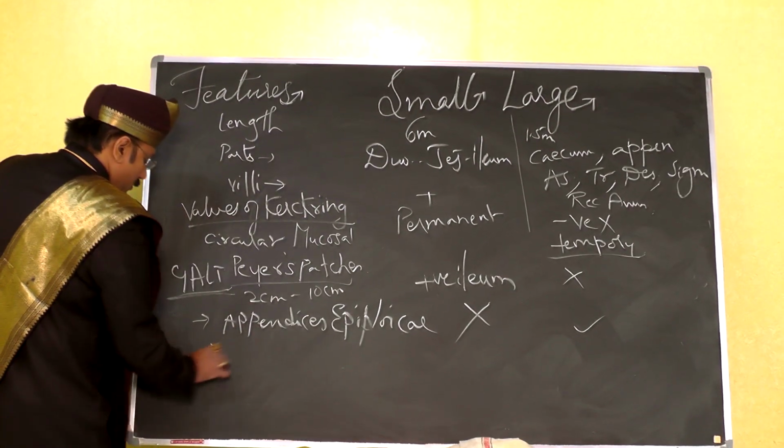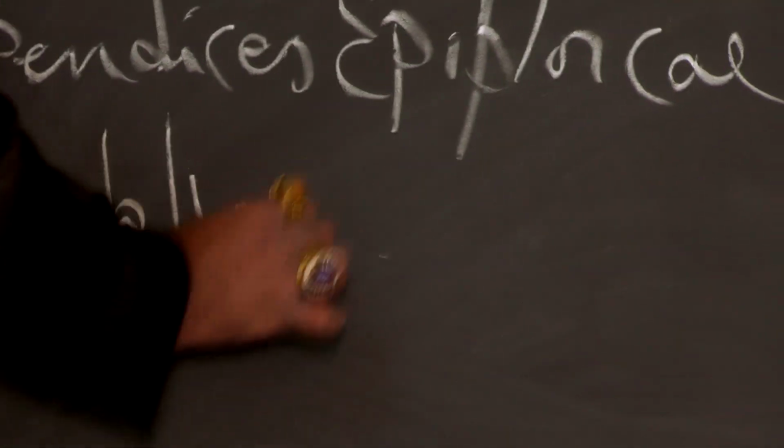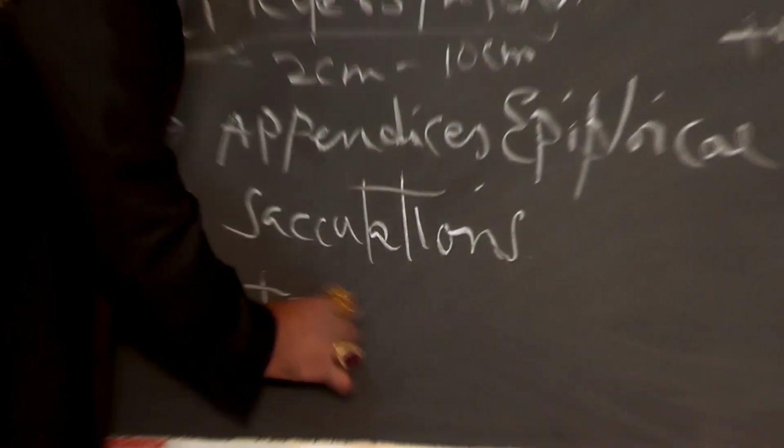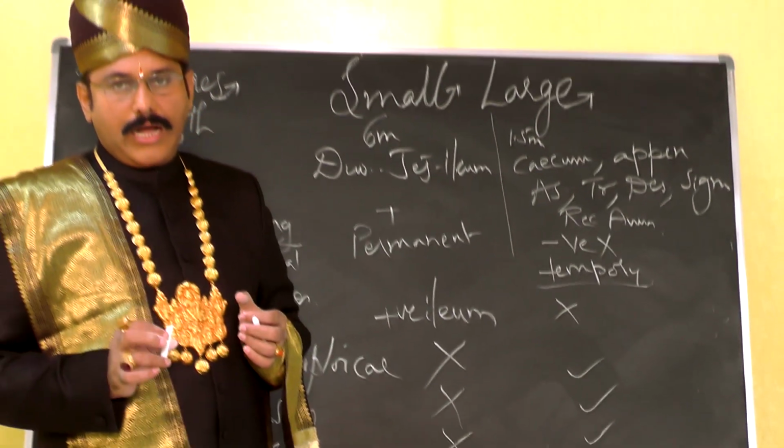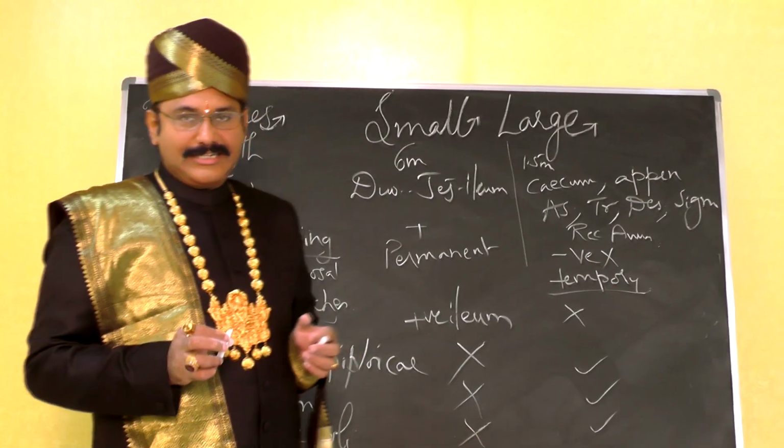Then the sacculations, or haustrations, or puckerings, are absent in the small intestine, but present in the large intestine. And we have the teniae coli. There are 3 teniae coli, absent in the small intestine and present in the large intestine: teniae libera, teniae omentalis, teniae mesocolica.